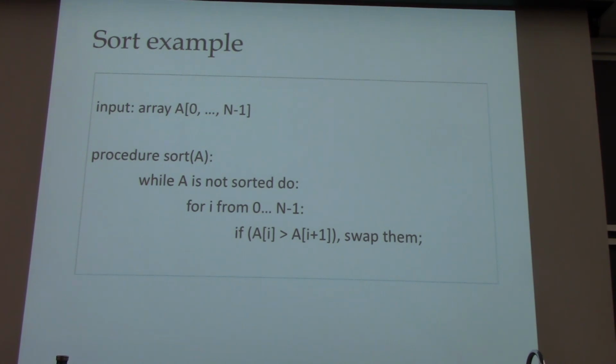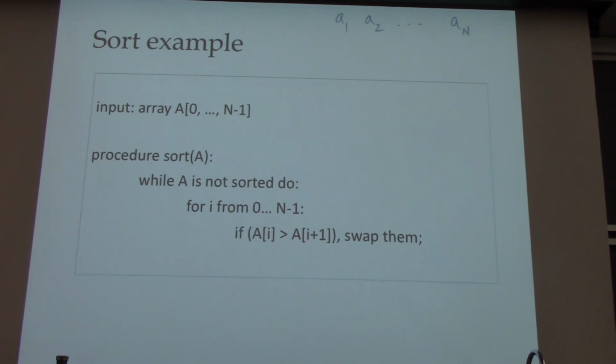This is something we saw last class. This is bubble sort, as most of you noticed. What it does is you have an array A, and as long as A is not sorted, you do this step. You have A1, A2 through AN.